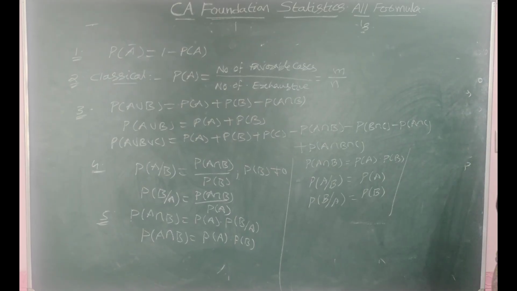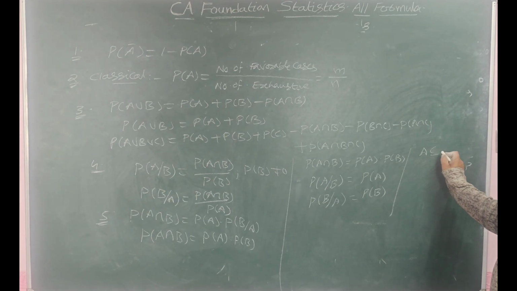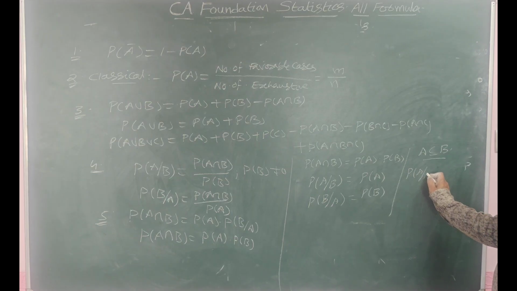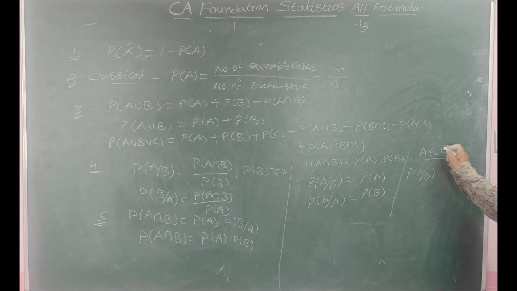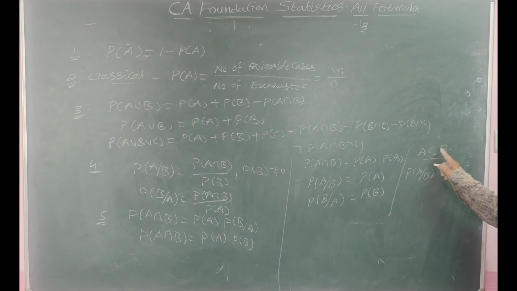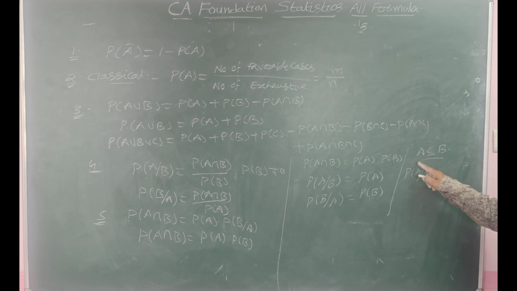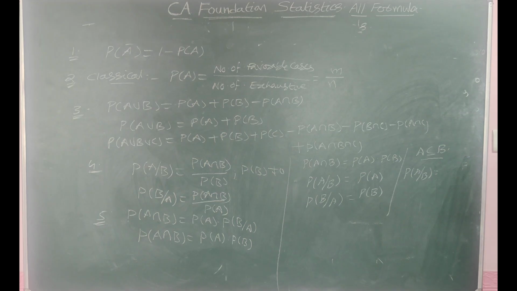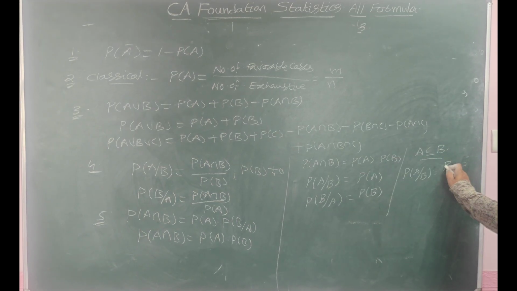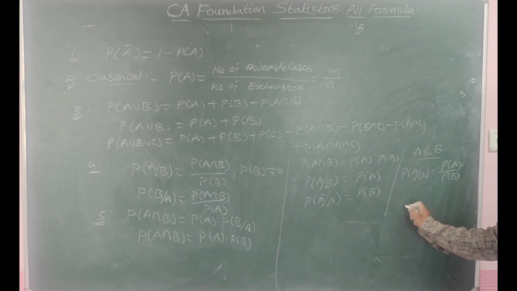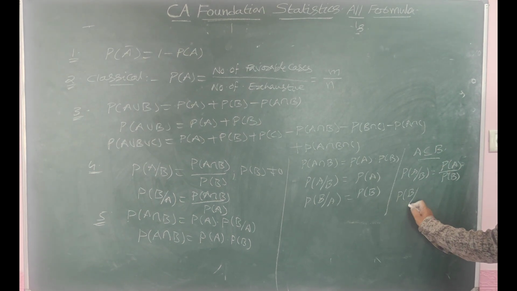And similarly, if A is subset of B, what will be P of A given B formula? If A is subset of B, clearly A intersection B is nothing but A. Okay, if A is subset of B, P of A intersection B will become P of A. So P of A given B, that means P of A by P of B. And if A is subset of B, what will be the formula for P of B given A?